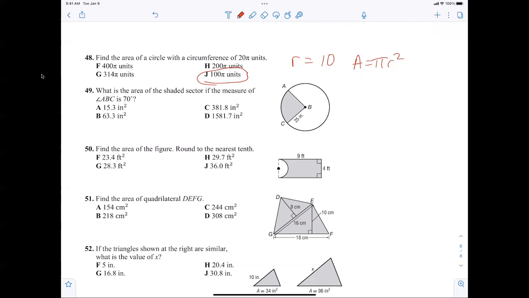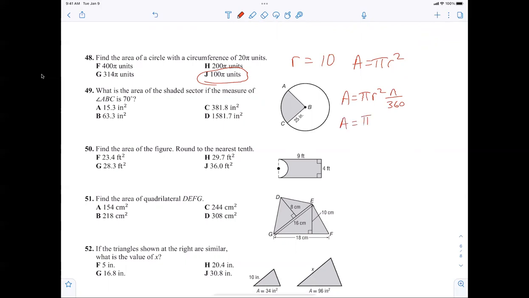The sector, remember, area of a sector equals pi r squared times n over 360. Everybody good with that? So again, the radius is what?